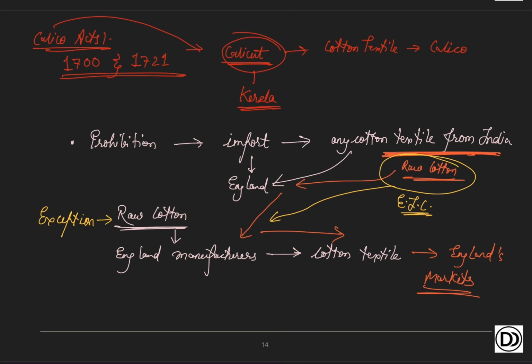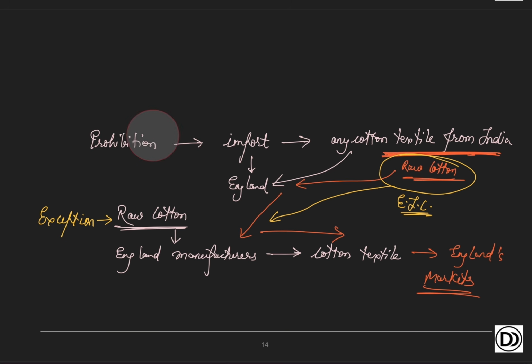And apart from the Calico Acts, one more advancement happened, which is mechanization in England. As we have seen in India, handlooms were used to convert raw cotton into textiles. Now the 17th-18th century was the start of mechanization in England, which means the arrival of motorized machines.